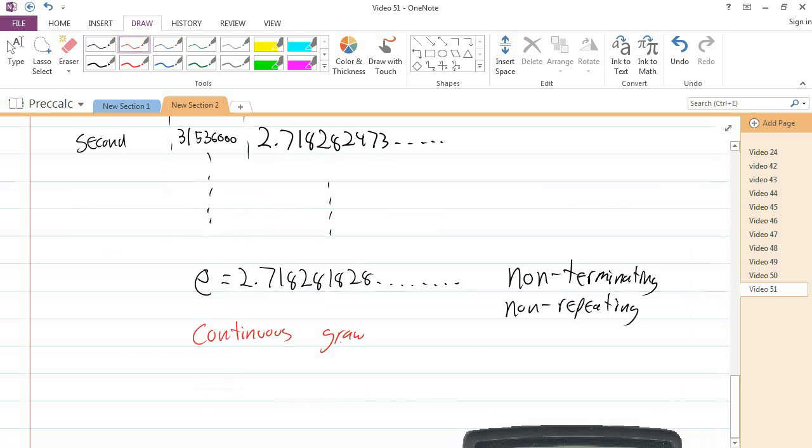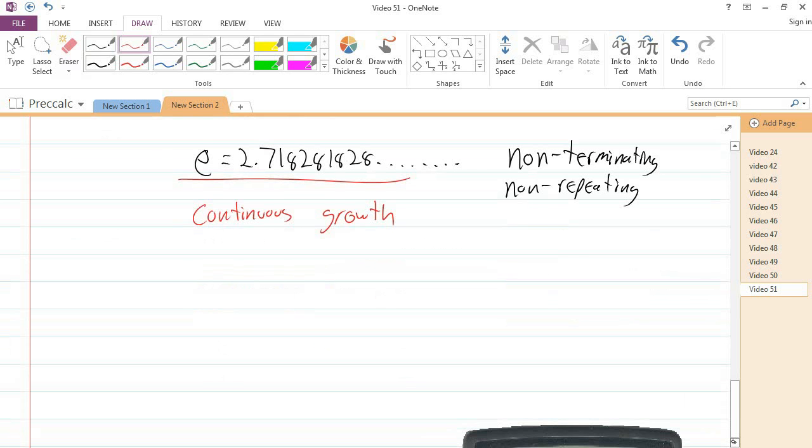It represents the limit of what you get as you compound more and more often. So this is E, and this is what it represents. And every time we see a situation where we have continuous growth, we're going to use E.